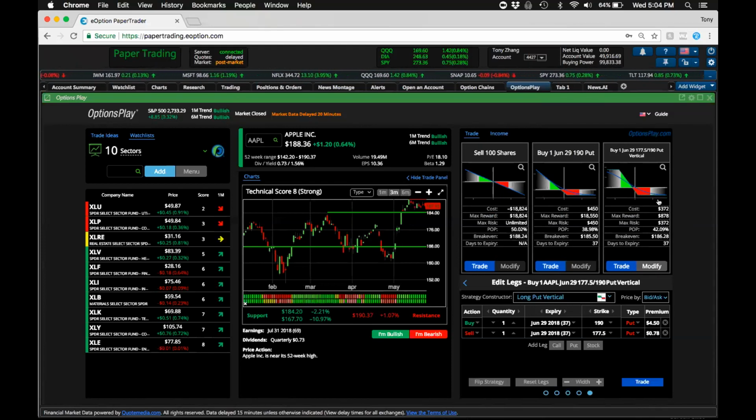So these are the advantages of trading a put vertical versus buying a put. However, as you can see, the max reward here is capped at $878. Here it's $18,000, but that's only if the stock goes to zero. So I don't really expect the stock to go to zero or even anywhere near that in the next 37 days. So that's why we typically prefer trading this put vertical, because there's no reason to pay for upside all the way down to zero if you don't expect it to happen.